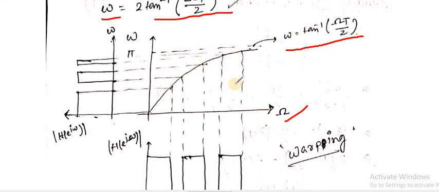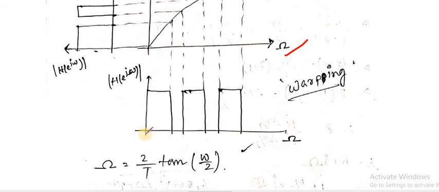Okay, now here we take some arbitrary frequency response. Suppose these are basically band pass filters. So this is one band, this is another band, this is another. This is the frequency response of an arbitrary system. Here it is band pass.